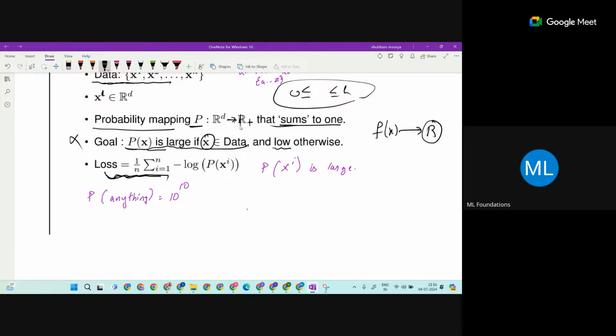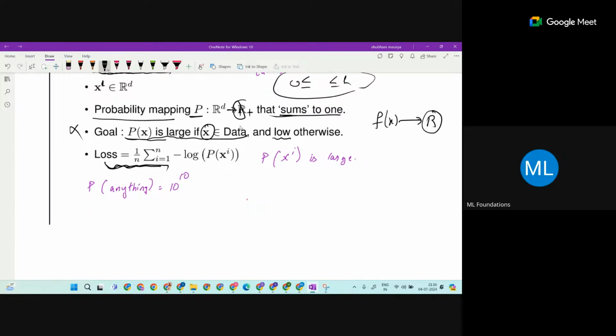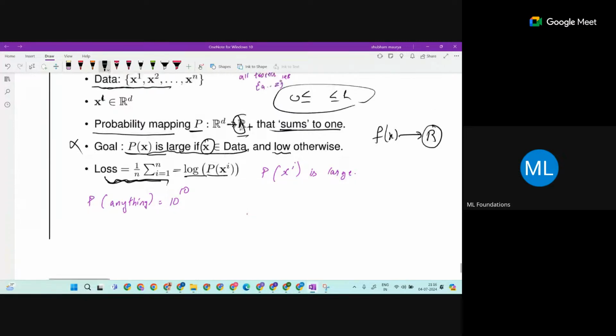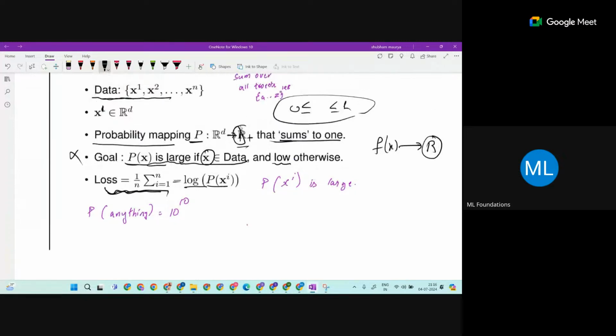Here, in probability, you get a positive real value. Take the minus log of that for each data x1, x2, x3, sum them all, and then divide by the number of data points. That calculates the loss.